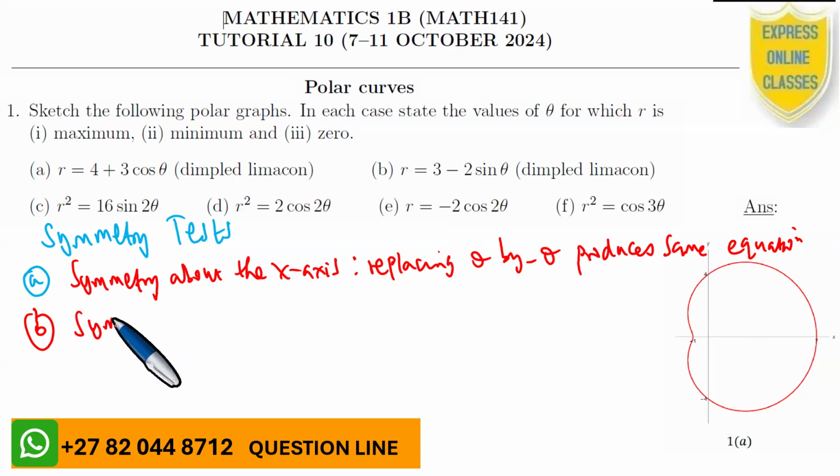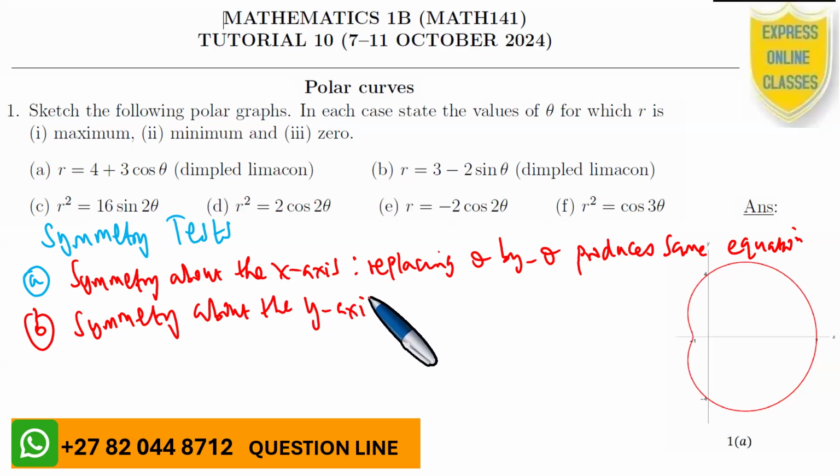Now there's another symmetry, the symmetry about the y-axis. We're going to be using this in sketching, because if it's symmetric about the x-axis, then we know it's going to be the same on either side of the axis.